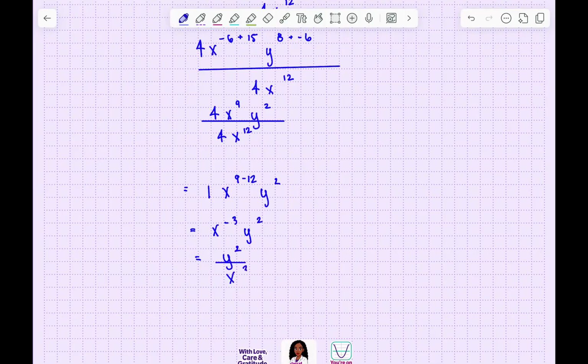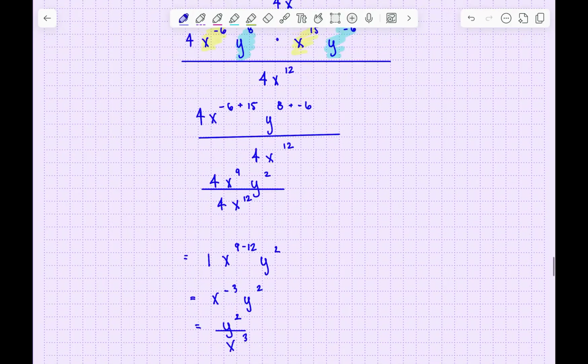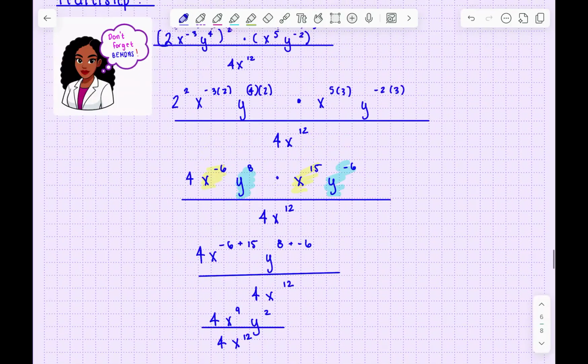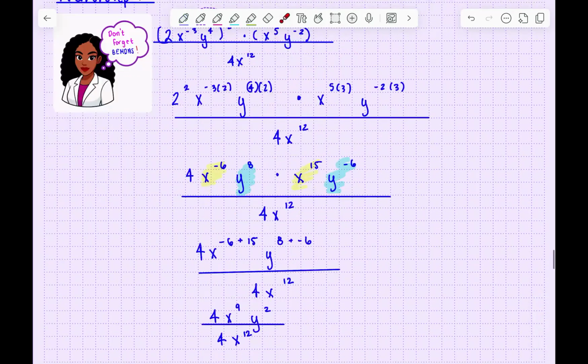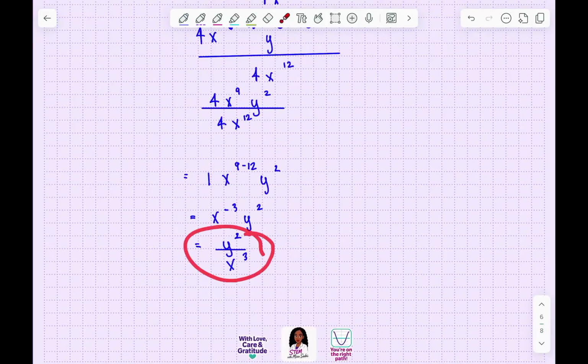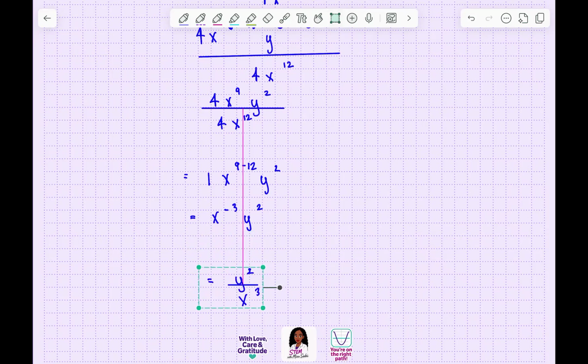So it goes from being this crazy long thing to being simplified to this. That's another reason why we would want to apply the exponent laws, because we get to make things more simple. So that is it for my quick little video about exponent laws.